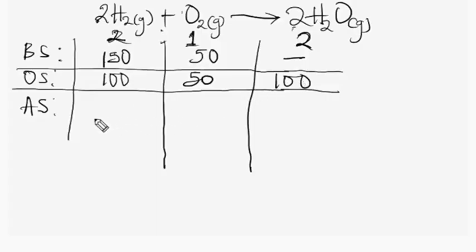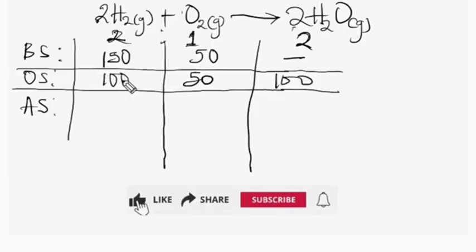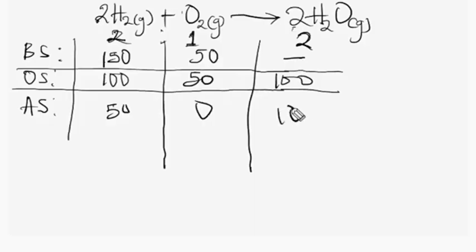Here, after sparking, what's the volume remaining? To find the volume after sparking, we take the difference between the volumes before sparking and the volumes on sparking. The difference between 150 and 100 is 50. The difference between 50 and 50 is 0, and the difference between 0 and 100 is 100.